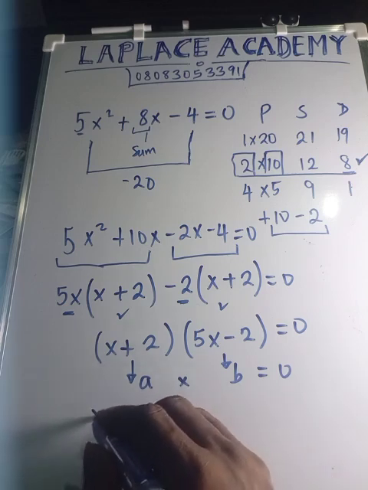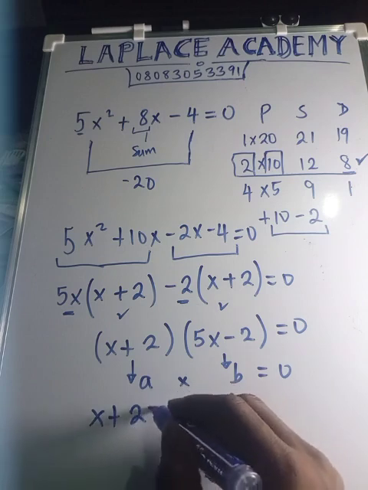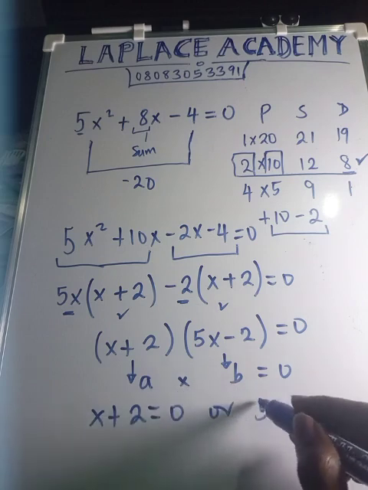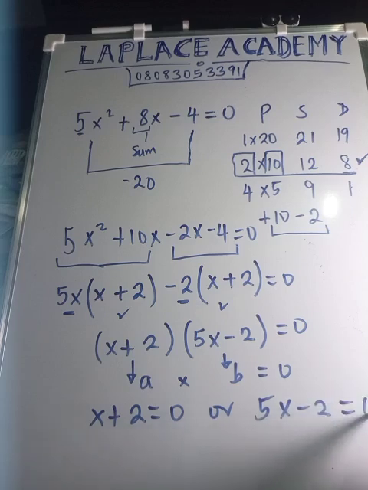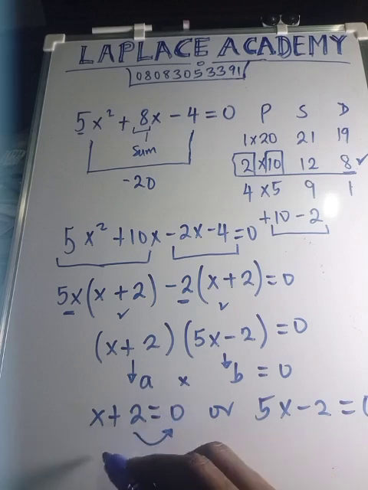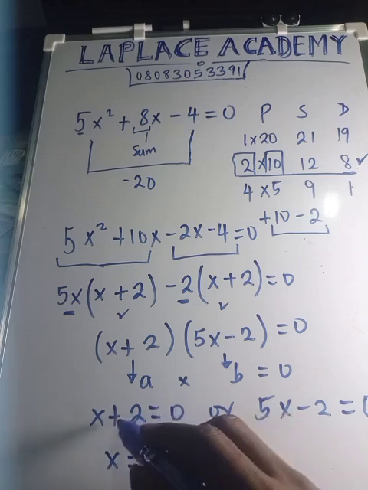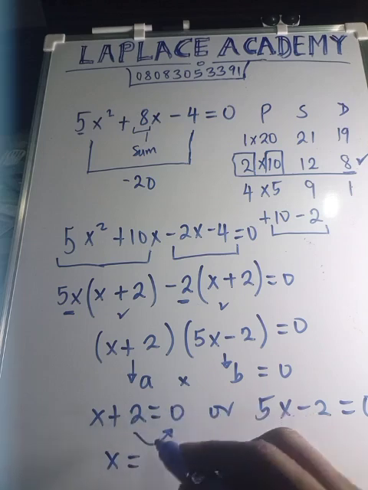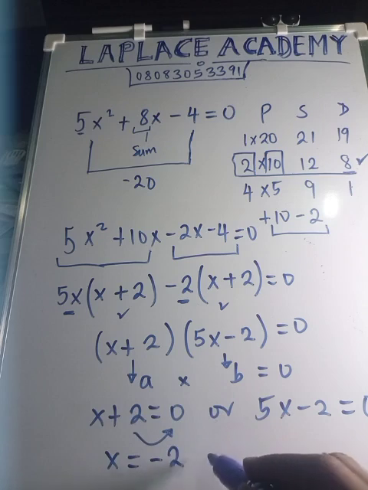So we have x plus 2 equals 0 or 5x minus 2 equals 0. And this has been reduced to a linear equation which is easy for us to solve. We take it to this side. x equals 0 minus 2, so plus 2 becomes minus 2 here. That's x equals minus 2.